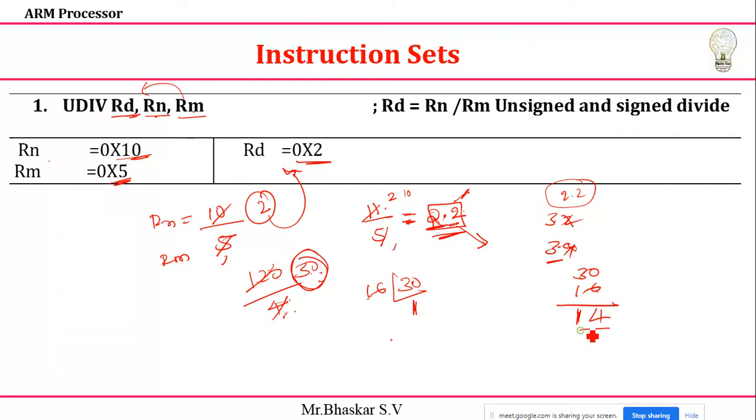What is the hexadecimal value of 14? It is E. So the remainder is E, and I represent my 30 as 1E. This is the value.